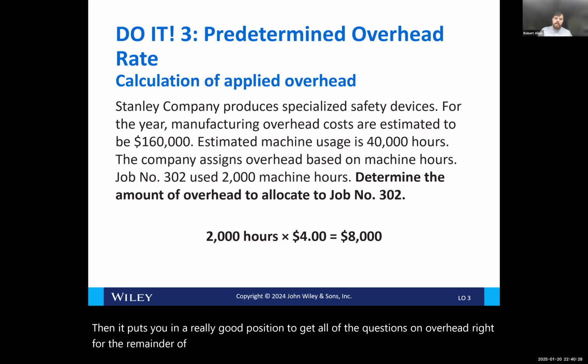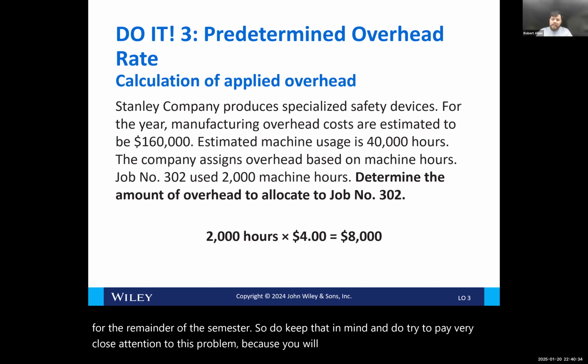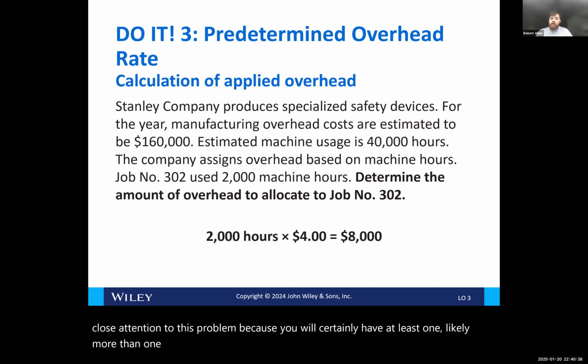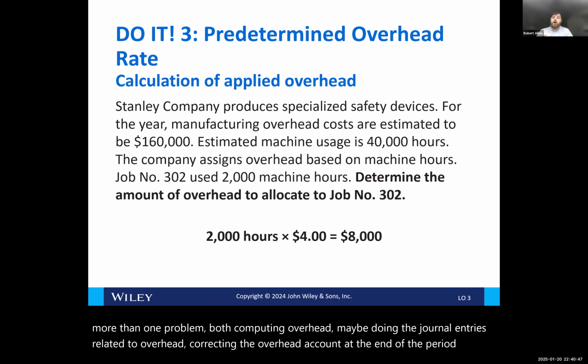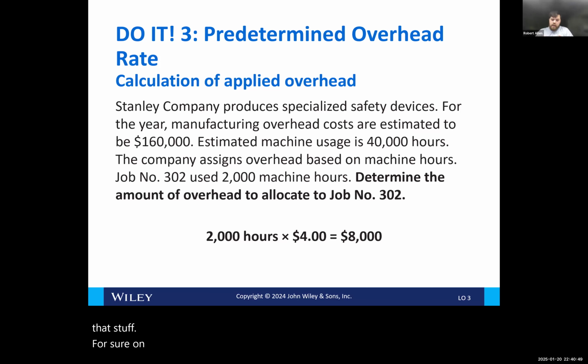So do keep that in mind and do try to pay very close attention to this problem, because you will certainly have at least one, likely more than one problem, both computing overhead, maybe doing the journal entries related to overhead, correcting the overhead account at the end of the period, all of that stuff for sure on exam one. And likely in spades, as they say, right?